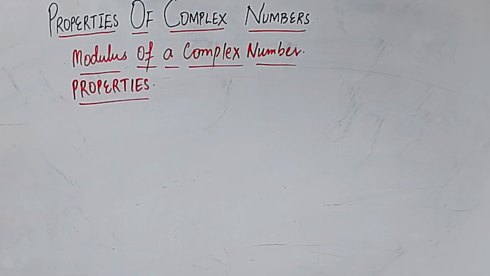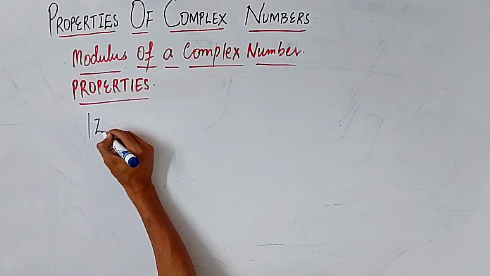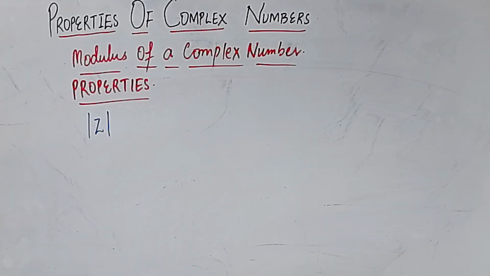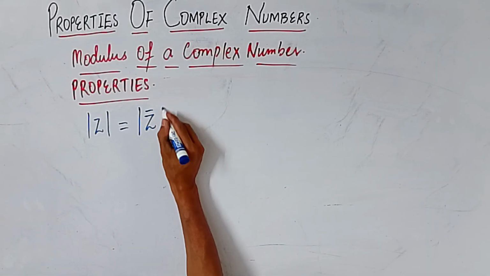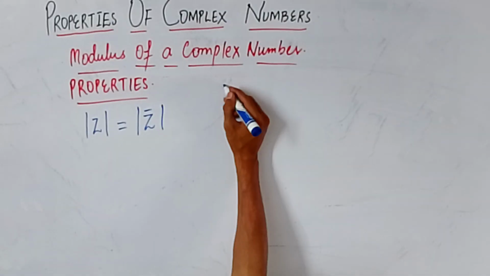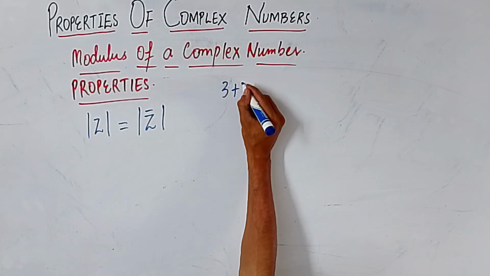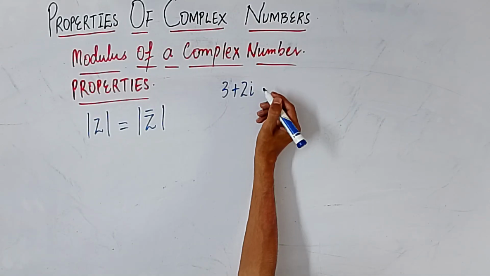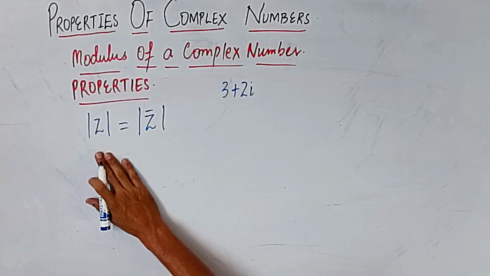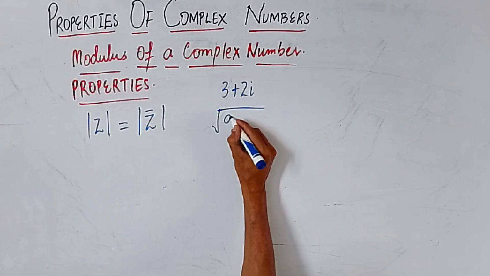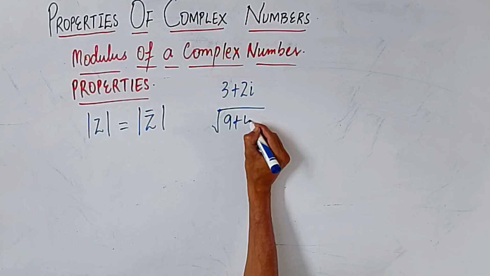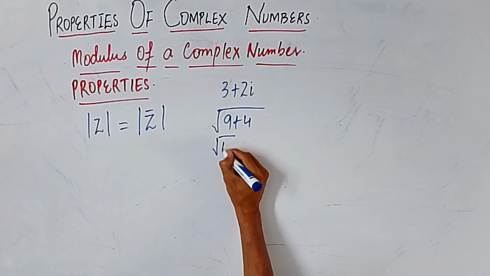The first property says that when you find the modulus of a complex number, it will be equal to the modulus of its conjugate. Means if you have a complex number 3 plus 2 iota and you are finding its modulus, you will get 3 3s are 9, 2 2s are 4, under root 13.